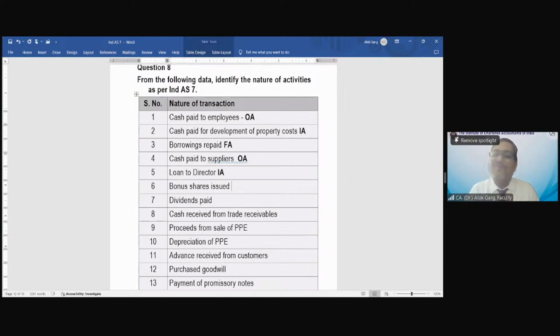I'm telling you that whenever you get a question on the cash flow statement, the first question which should come into your mind is: what is the cash flow in this transaction? If that is clear, then it is more like a presentation. Bonus share issued. In this transaction, is there any cash flow?